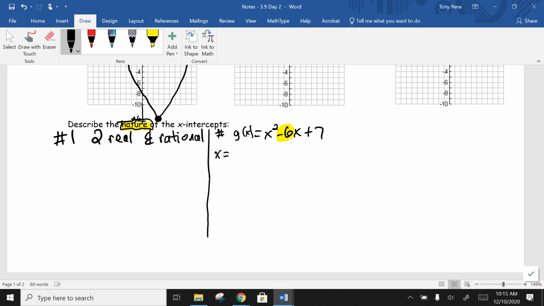So that's going to be a positive 6, over the square root of b squared, and then minus 4 times a, which is this 1 here, 1 in front of the x squared, and then multiplied by c, where c is a positive 7. And all divided by 2 times a, which is 1.